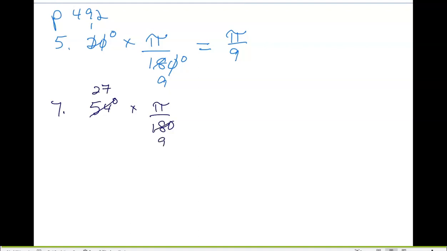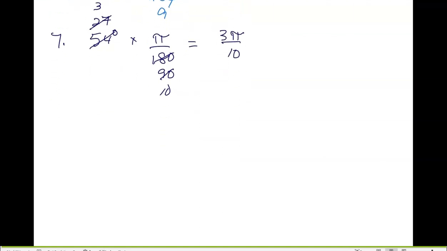Divide that by 2, that gives me 90. Divide that by 9, it gives me 3. Divide that by 9, it gives me 10. And I have 3 pi over 10 for an answer. I'm going to check these when I'm done. Hopefully they're going to be correct. I'm going to check in the back of the book.